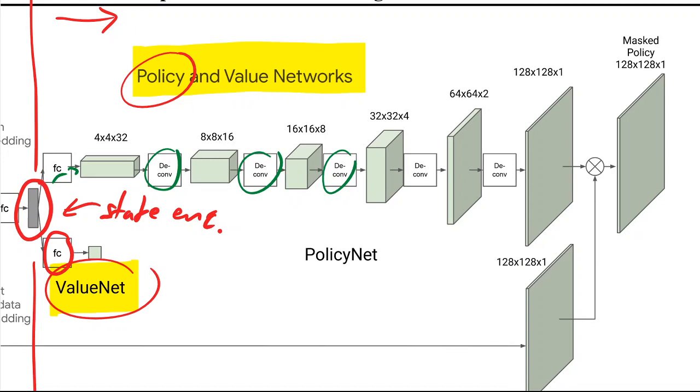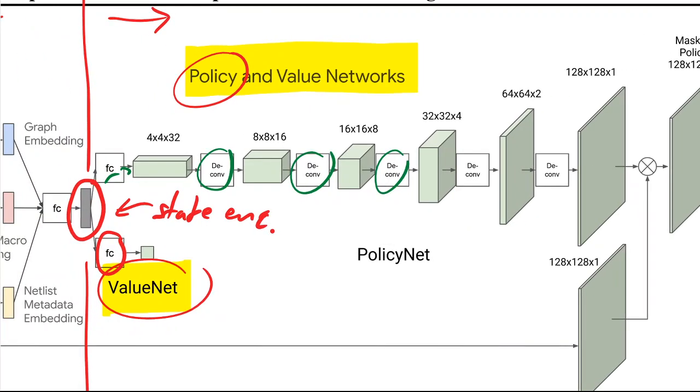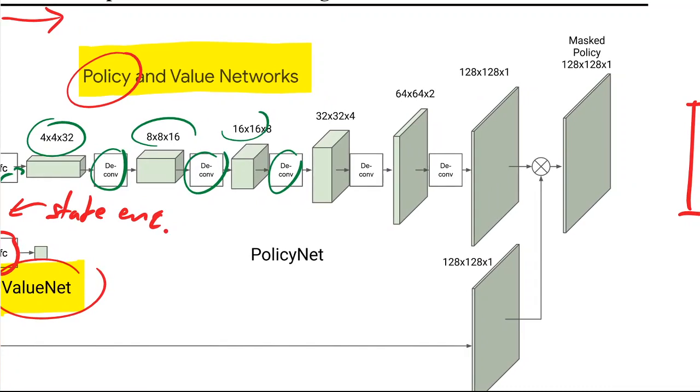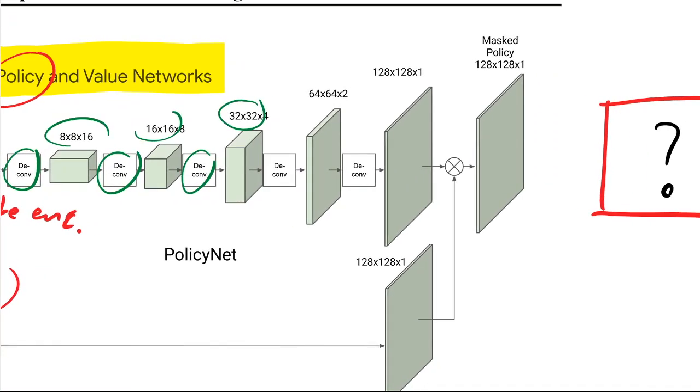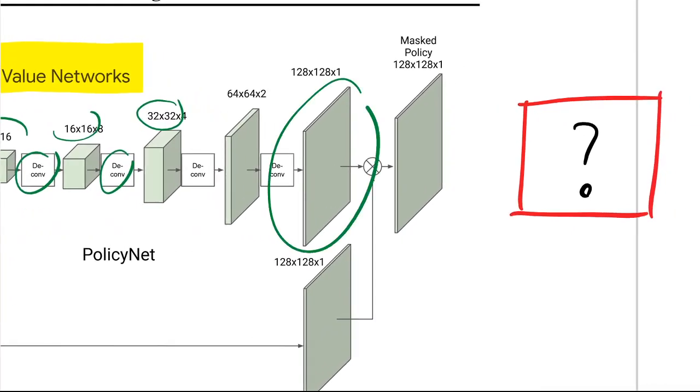The deconvolutions have the ability to upsample an image. You see here, you transform this vector into a 4x4x32 tensor, and that gets deconvolved into fewer and fewer channels, but more and more height and width. So from a vector, it produces an image right here.